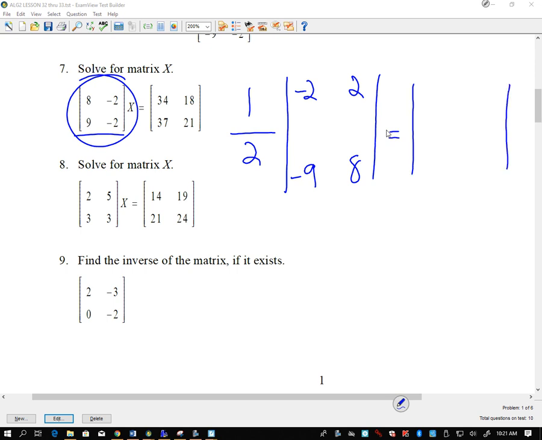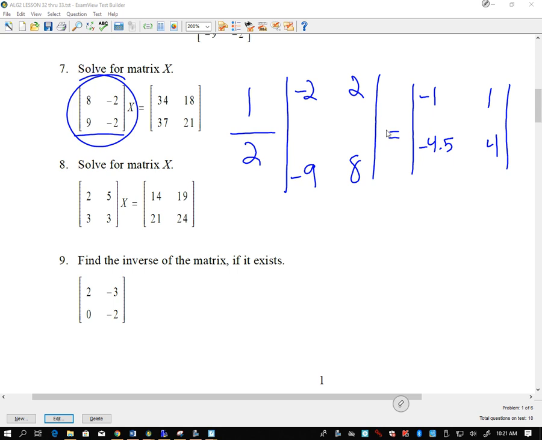What's negative 2 times 1/2? Should be negative 1, right? And 2 times 1/2 is 1. And negative 9 times 1/2 is probably going to be what? Negative 4.5. Okay, something like that. And 4. Correct?